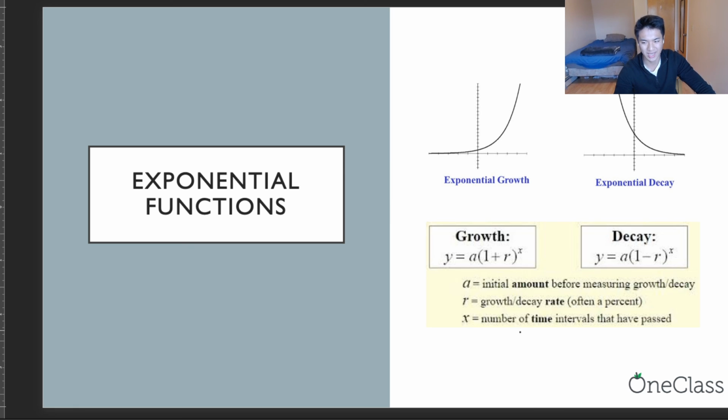And finally, x is saying how many time intervals have passed in order for us to get to the overall graph. So each x unit is going to be an additional time interval that has passed in this overall model.